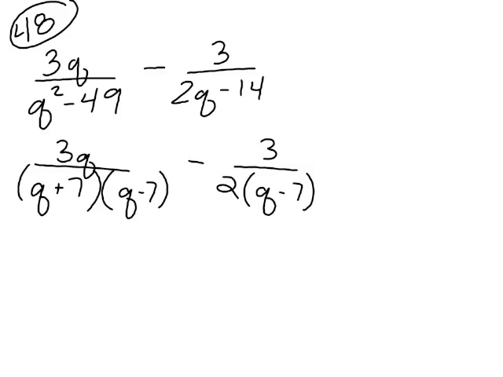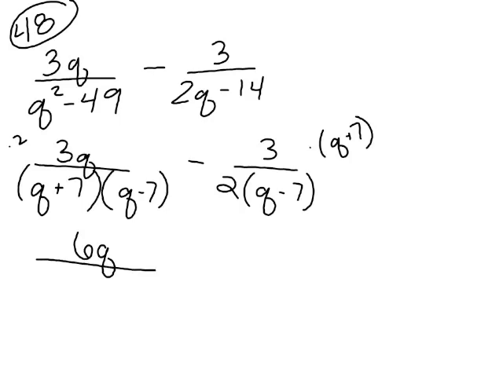So how do I get a common denominator? All right, I need to times this side by a q plus 7, right? And what do I need to times this first term by? 2. Okay, so on top, I'm going to end up with 6q.